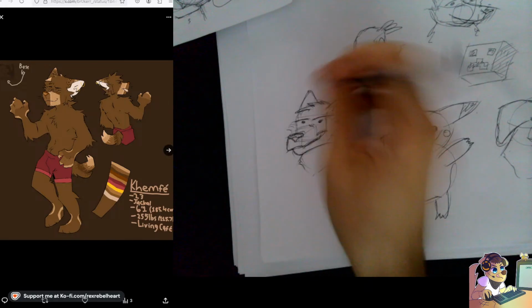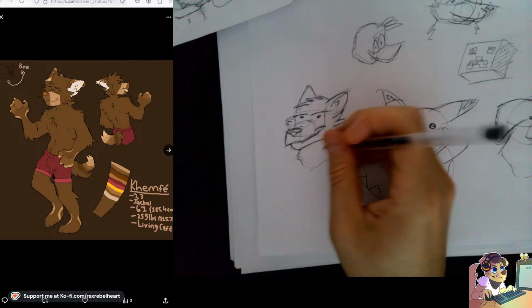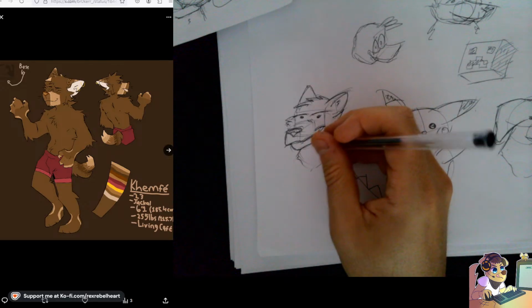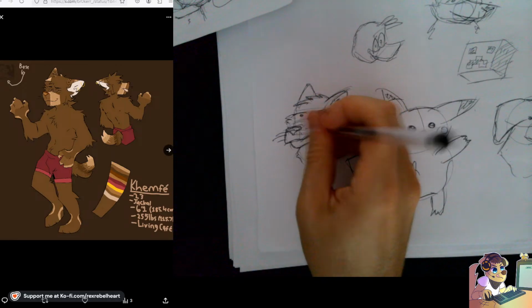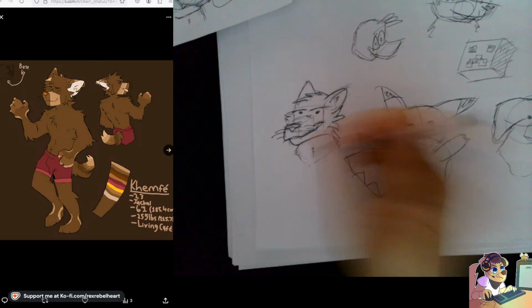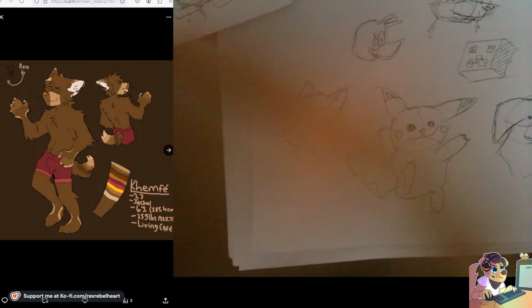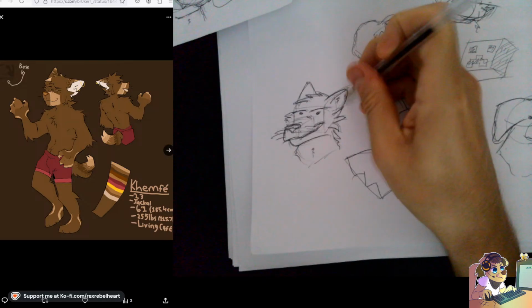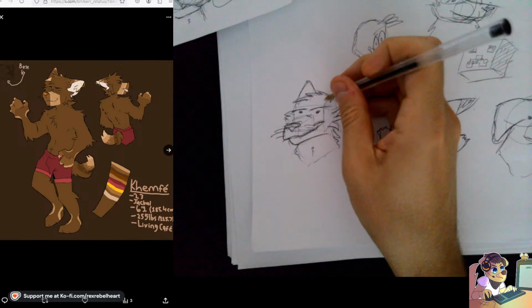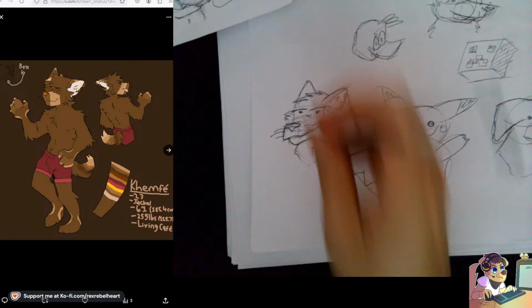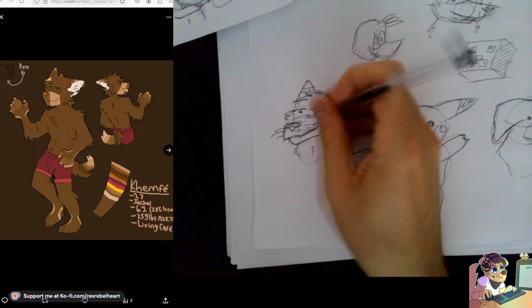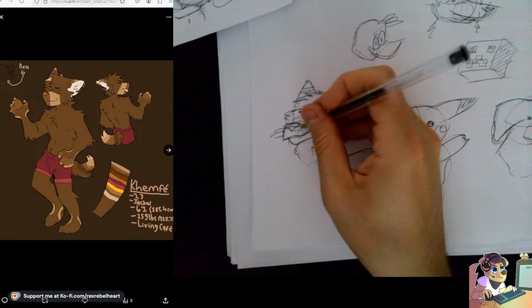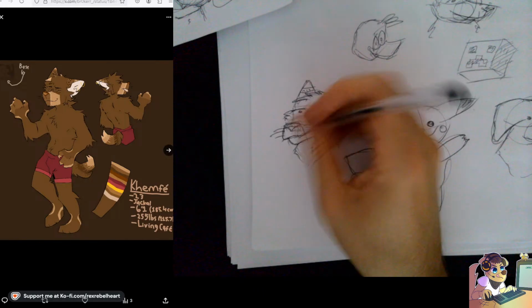Once I've got a lot of these fundamentals down, I can start focusing on eyes and so on. But at the moment it's just trying to make intentional, deliberate lines which match what we're trying to do.